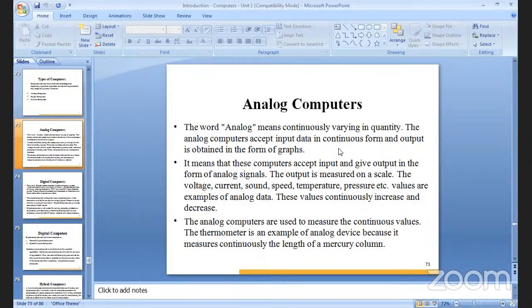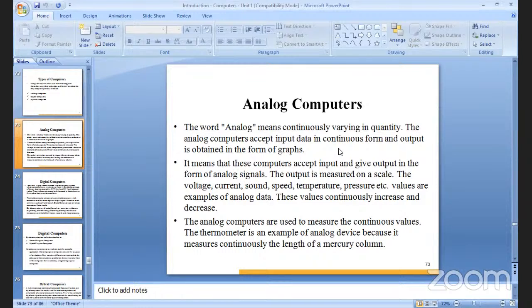The data we give to the computer may use different languages or codes, and finally the result is obtained in the form of graphs or codes.